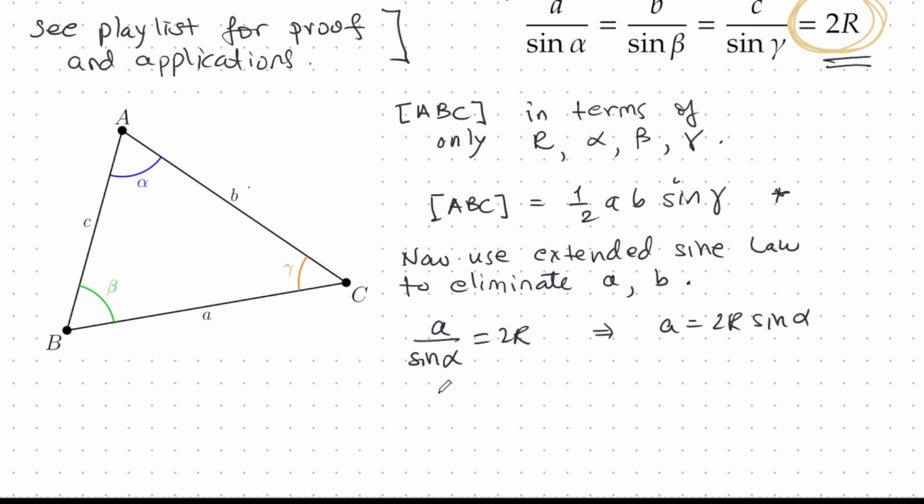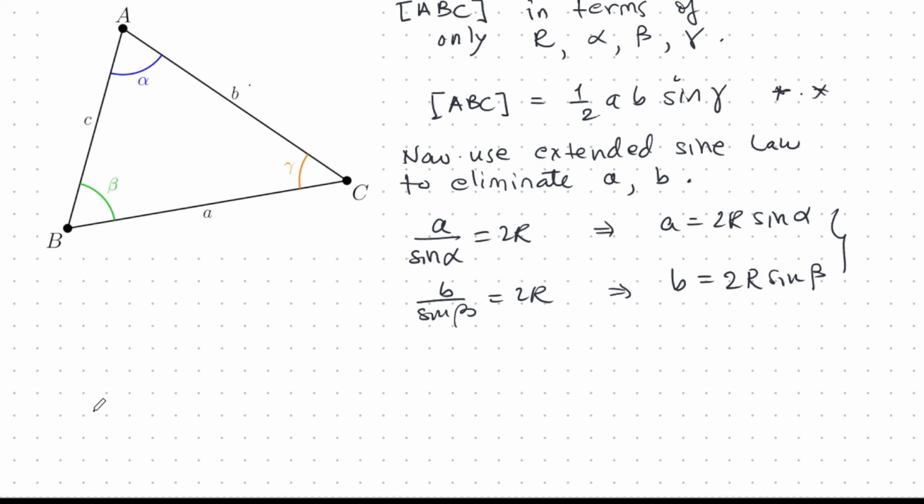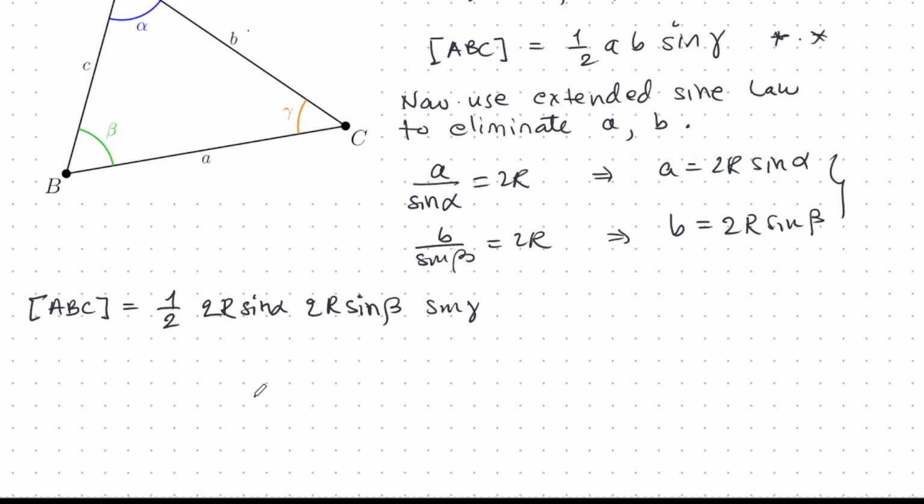But I also have B over sine beta is 2R, and that gives me B is 2R sine beta. So I can take these and plug them in here, and what do I get? I get this expression, and I have sine alpha, sine beta, sine gamma. I can simplify it a little bit, and I get this.